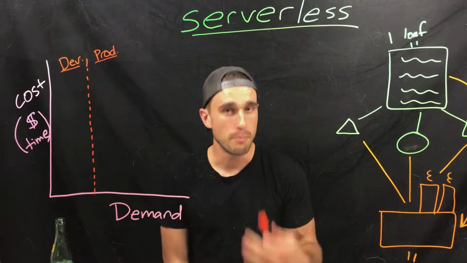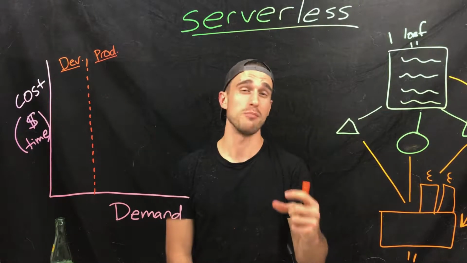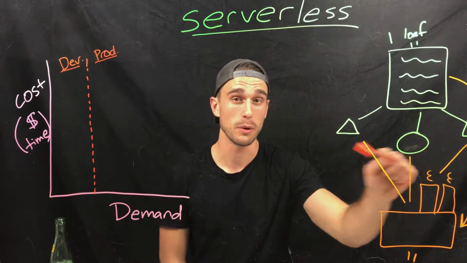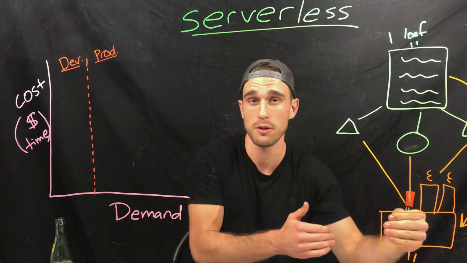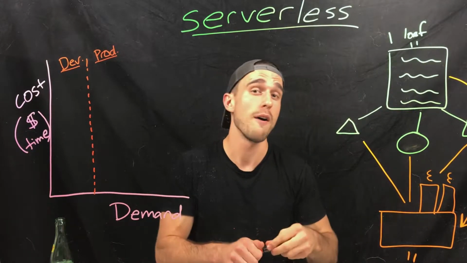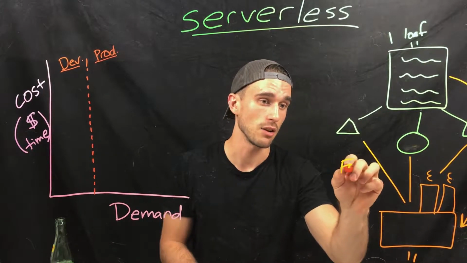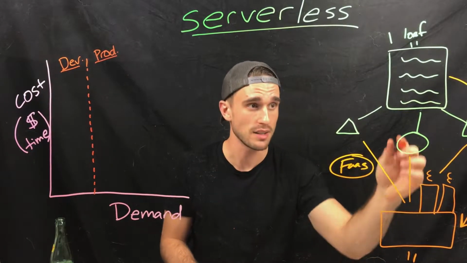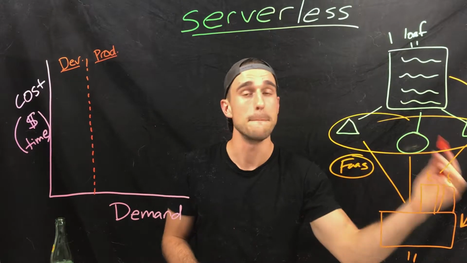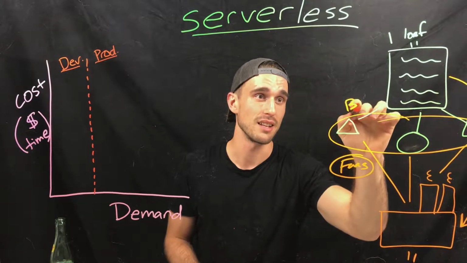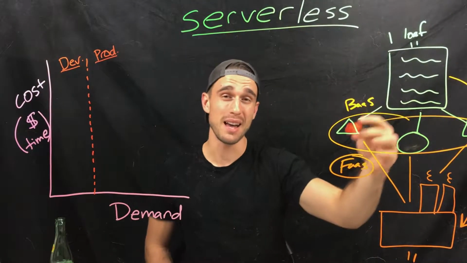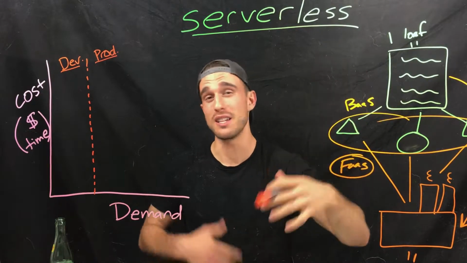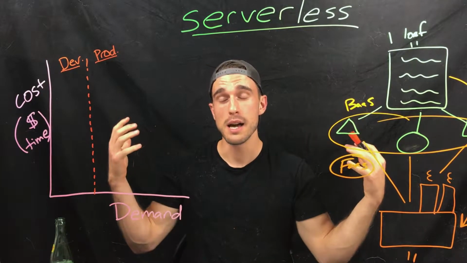You're either paying the baker for one component of bread making, maybe it's mixing these two ingredients together to get you one step further to the end, which is called function as a service, or maybe you want the baker to take care of the entire process, which is called backend as a service. Both FaaS and BaaS are all rolled up into the serverless computing concept.